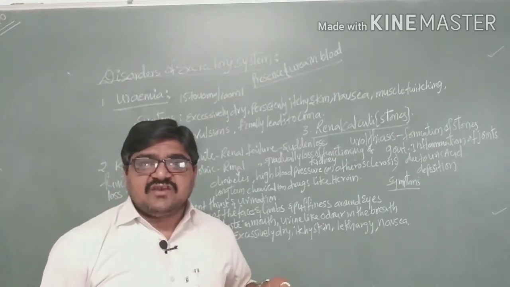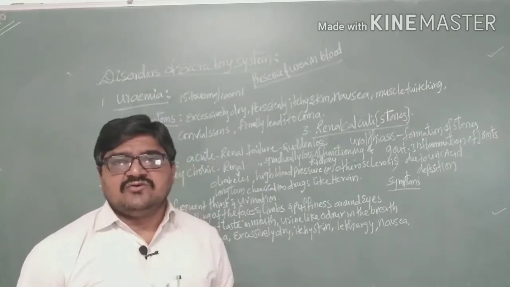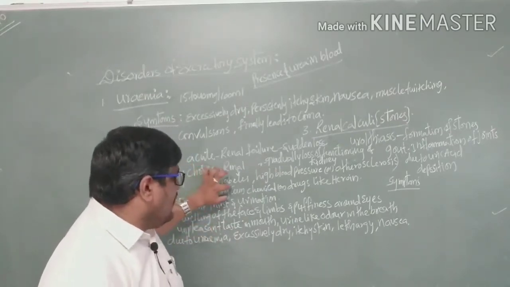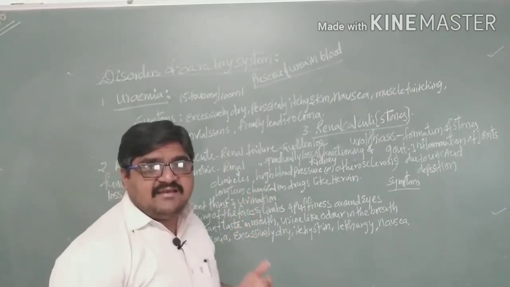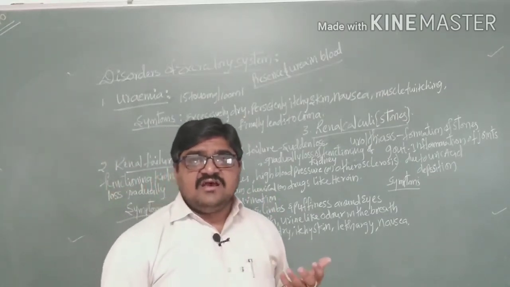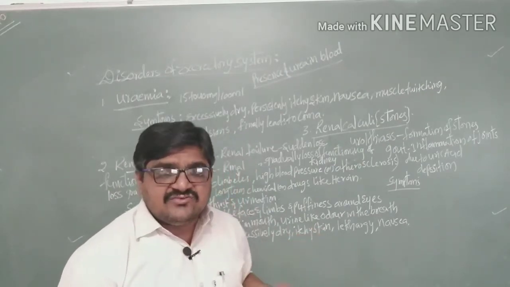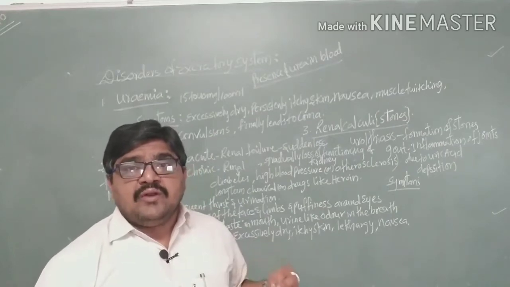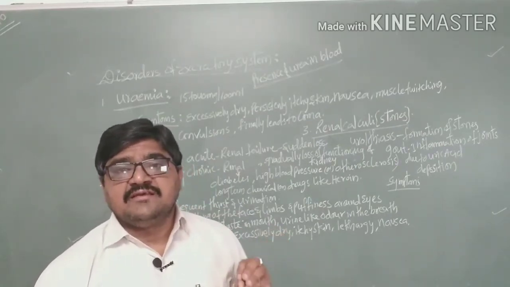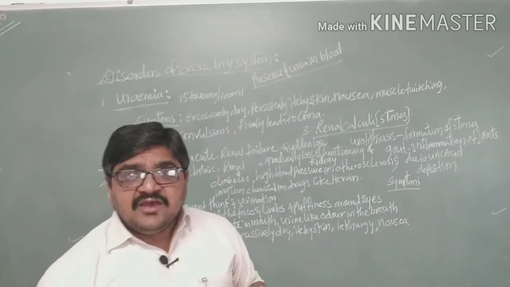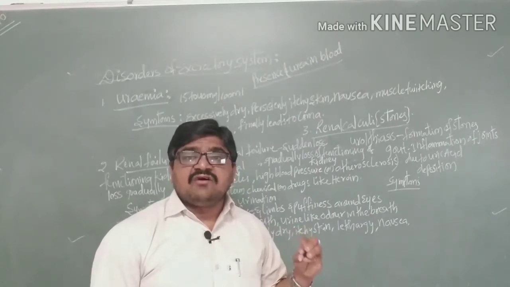Long-term use of chemicals or tablets, as well as drugs like heroin, leads to chronic renal failure, which is permanent, where a cure will not take place, so it is called irreversible.